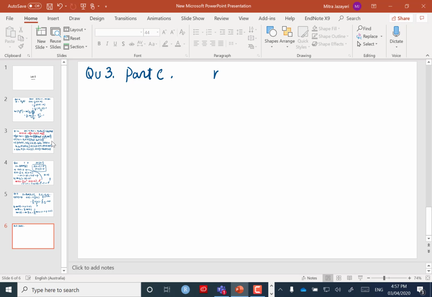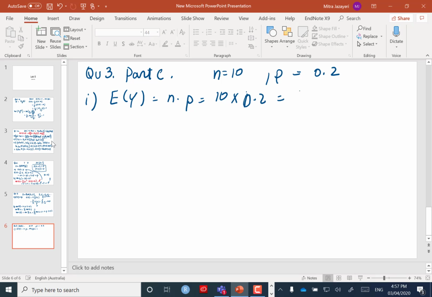We said that the expectation of Y was equal to n times p. n is 10 times p is 0.2, so the expectation of Y is equal to 2. Now, the variance of Y is equal to n times p times 1 minus p, which becomes 10 times 0.2 times 0.8, which is equal to 1.6.